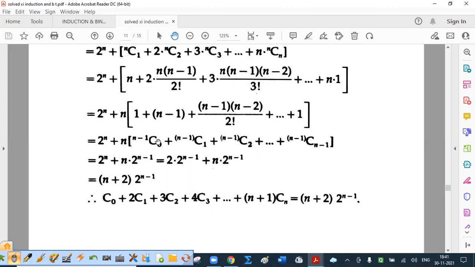Now note that this is sum of binomial coefficients of which order? n minus 1. So it is 2 raised to n minus 1. So this is 2 raised to n plus n into 2 raised to n minus 1, which is what? 2 into 2 raised to n minus 1 plus n into 2 raised to n minus 1. Now, if 2 raised to n minus 1 is taken common, you get n plus 2 in bracket. Hence the result. Isn't it interesting?